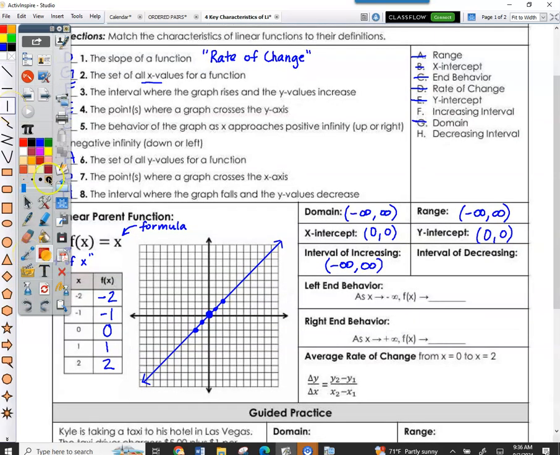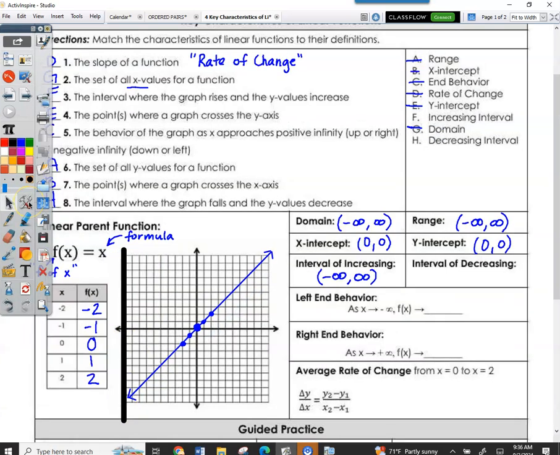So as I'm scanning this graph from left to right, notice that it is ascending. At no point did the graph start going down. Think of a roller coaster, is there anywhere on here that was like a roller coaster going down? So there is no interval of decreasing.